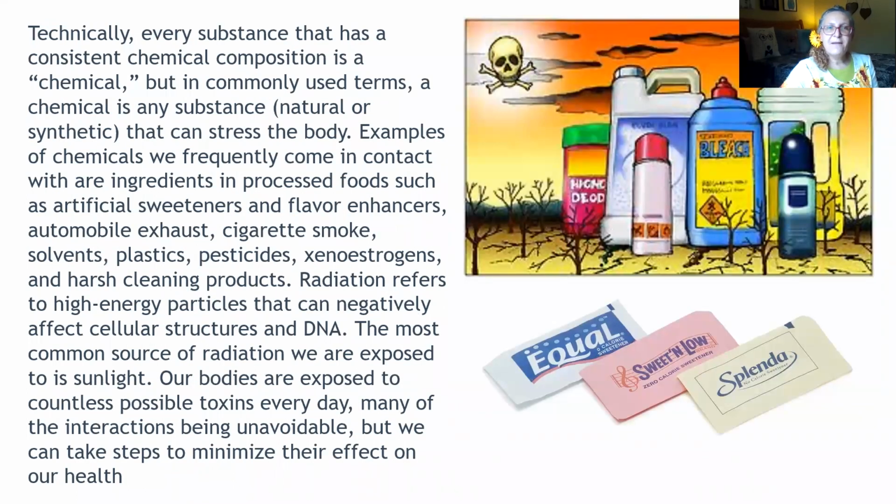So technically, every substance that has a consistent chemical composition is a chemical, right? But in commonly used terms, a chemical is any substance, whether it's natural or synthetic, that can stress the body. There are a lot of chemicals out there that we don't necessarily come into contact with, but there are many that we do, such as some of these artificial sweeteners.